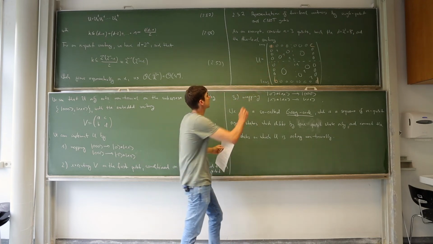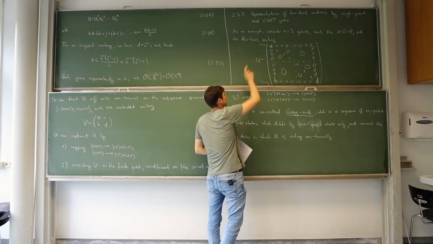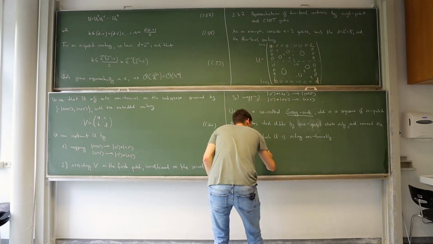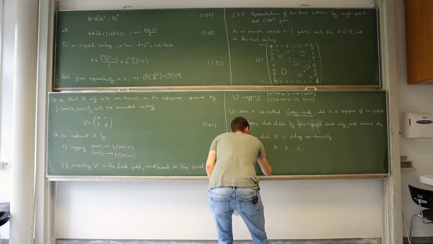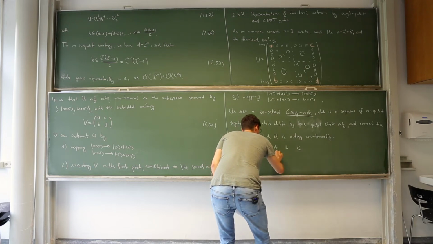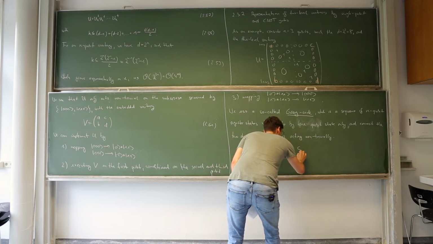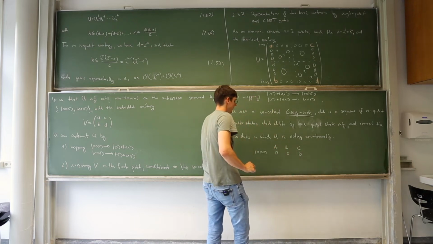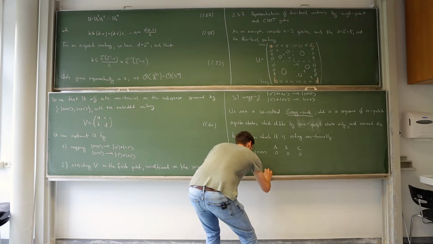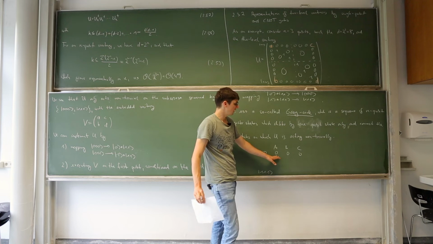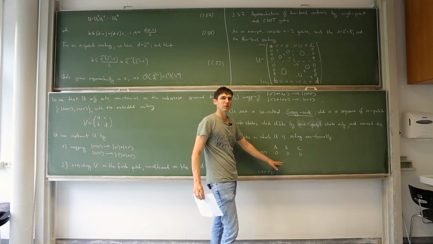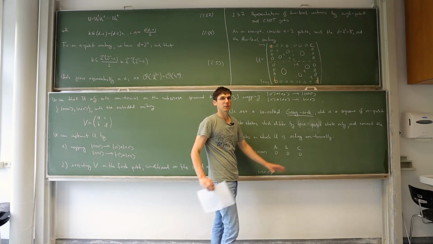Okay, for our case, it would be the two states 0, 0, 0. So let's call this qubit A, qubit B, and qubit C. So we have 0, 0, 0, which would be then 0 in A, 0 in B, 0 in C. And now we want to go to 1, 1, 1. And in each line, we are only allowed to flip the state of one qubit.